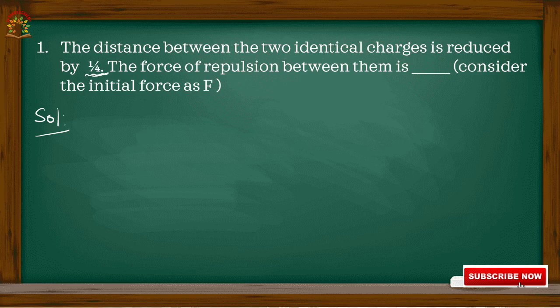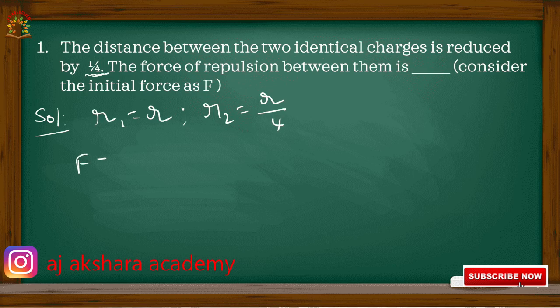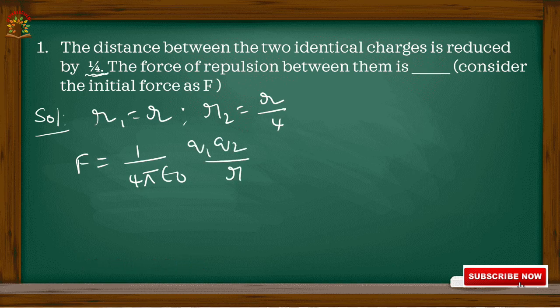In this question, they are given R1 is equal to R and R2 is equal to R by 4. According to Coulomb's law, F is equal to 1 by 4 pi epsilon naught Q1 Q2 by R square.